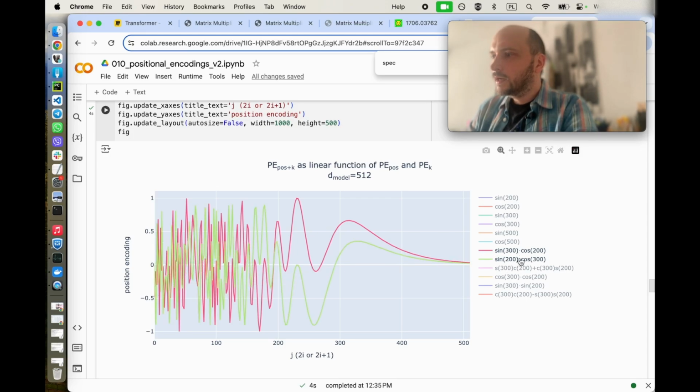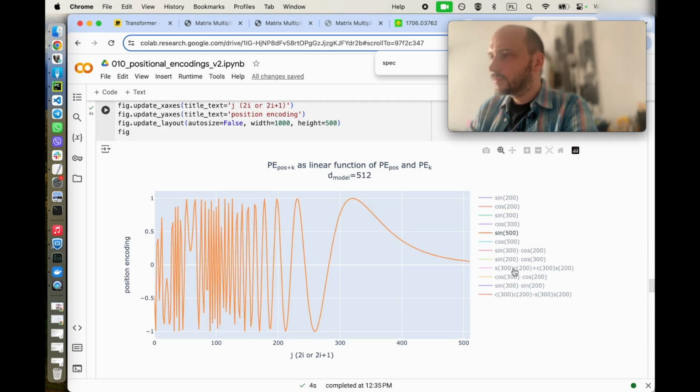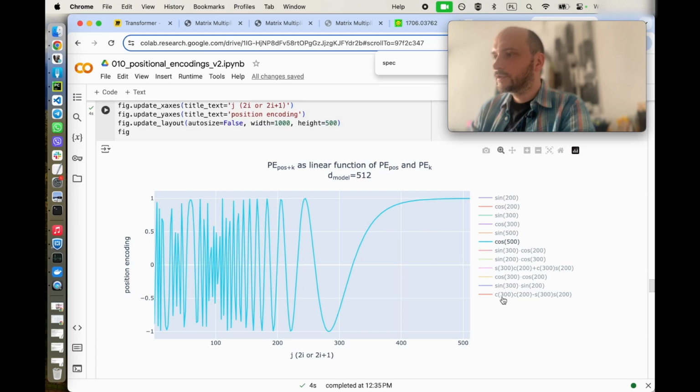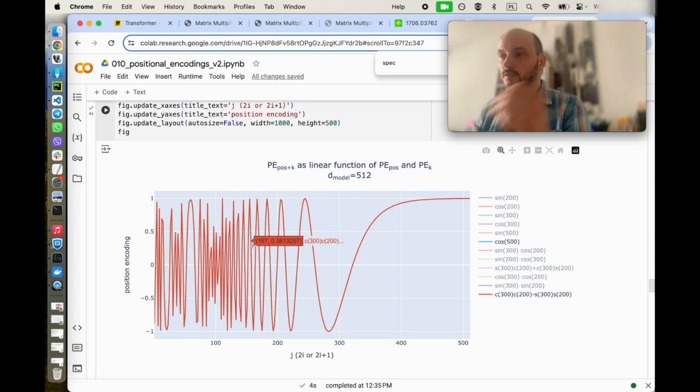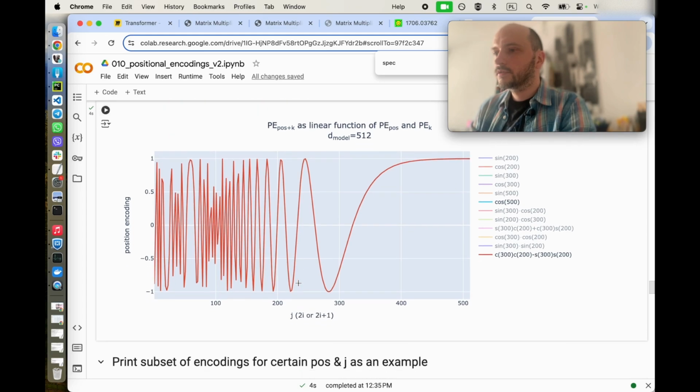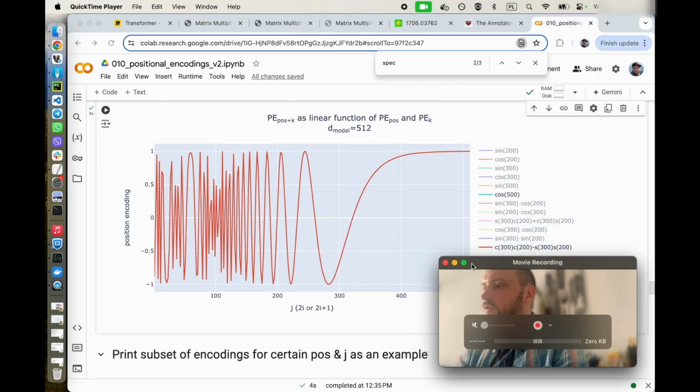And when we sum them up, let me show you what happens. Actually, we have the same vector as sine for 500, right? So I enable this one, and we see that it's just the same. Lines are completely overlapped. And the same happens for cosine. We have cosine for 500 here, and this cosine for 300 multiplied, etc. And then we have again the same vector. So yes, it works. Looks exactly as expected.